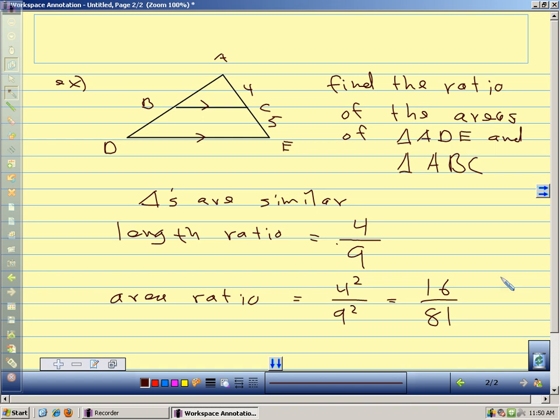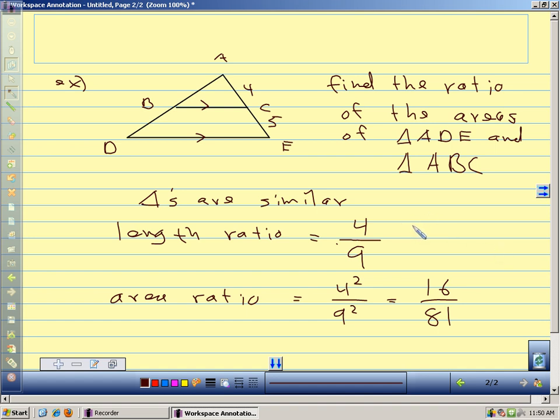Pretty easy, right? Now what if the problem had asked us, rather than the ratio of the areas, the ratio of the perimeters? Is a perimeter a volume, an area, or a length measurement? Length. So what's our length ratio? 4 over 9.